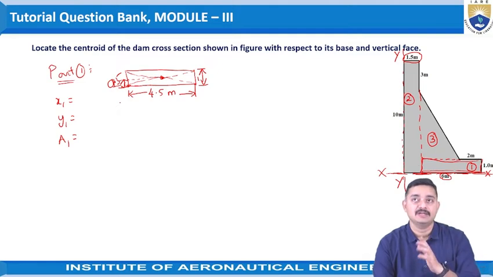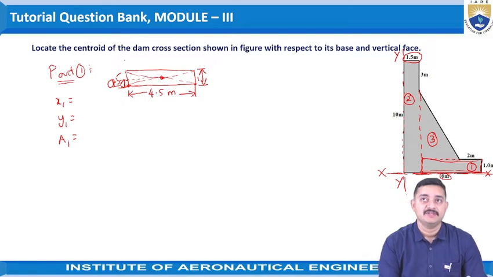Now coming to the centroid from the y-axis on the left-hand side. The distance of the centroid of part 1 from the x-axis is the value of y1, so y1 is 0.5 meters. Coming to x1, it is the distance of the centroid from the y-axis.